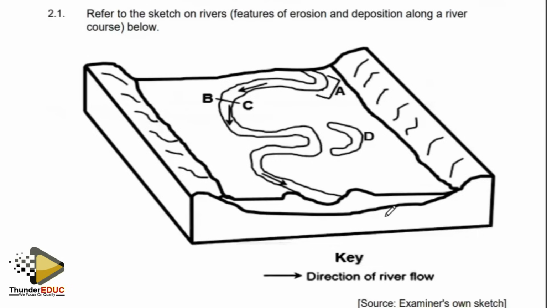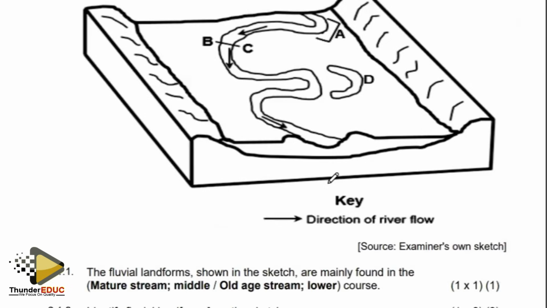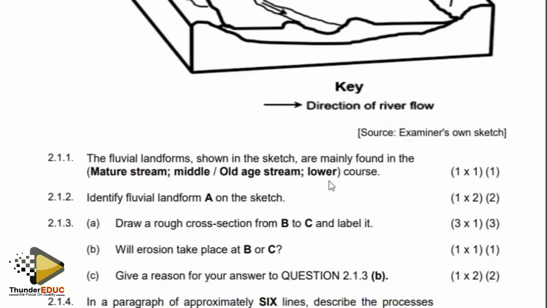Okay. So you look at the sketch that is given on rivers. Refer to the sketch on rivers, features of erosion and deposition along the river course below. All right, so we have the key, that arrow, it shows direction of river flow. Then we have questions that follow underneath the source.